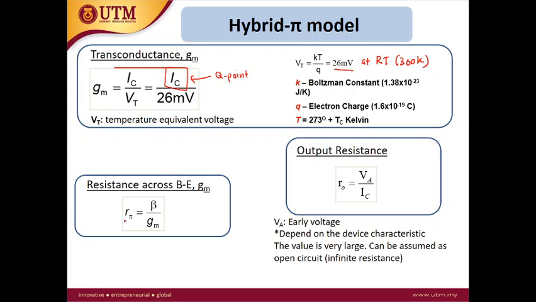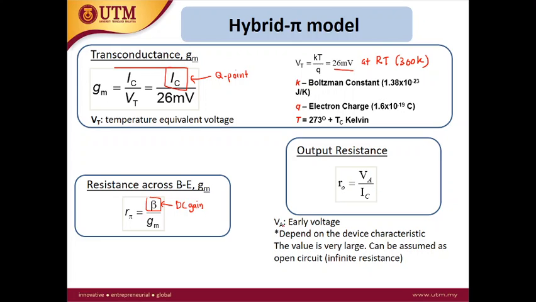As for r_pi, it is defined by this equation: r_pi is equal to beta over gm, where beta is the DC gain. The output resistance is defined by VA over IC.